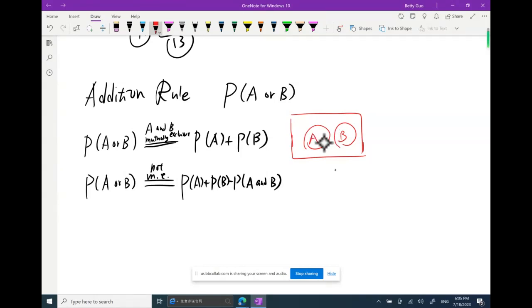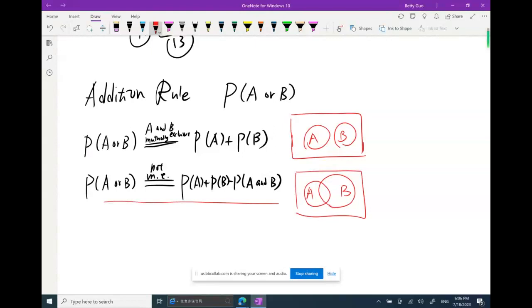So probability of A or B would be simply the sum of probability of A and the probability of B. And what if A and B have overlapping part like this? Mutually exclusive is a special case, but in the more general case, A and B possibly have overlapping part, then we would have to use the longer version formula to compute that.